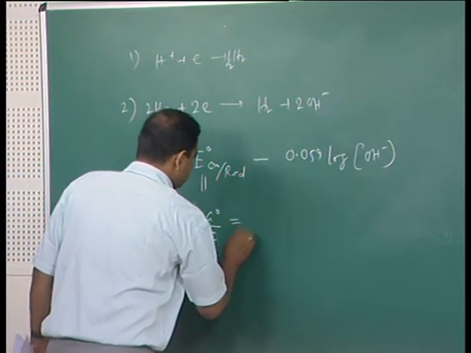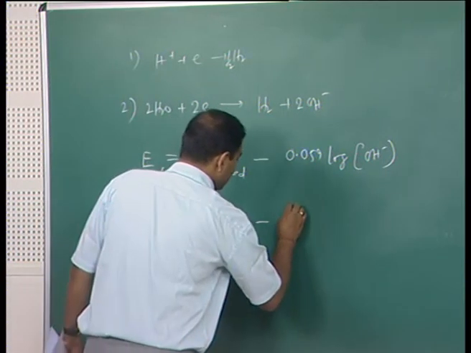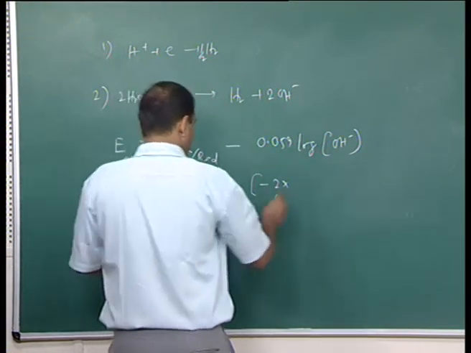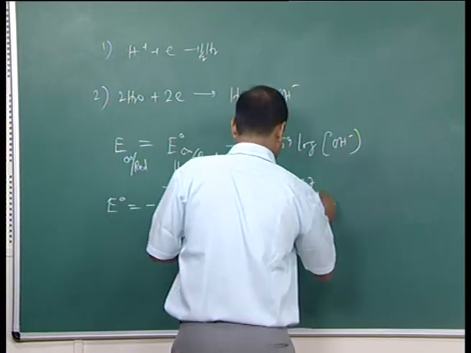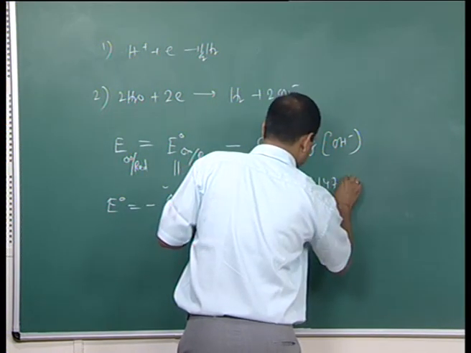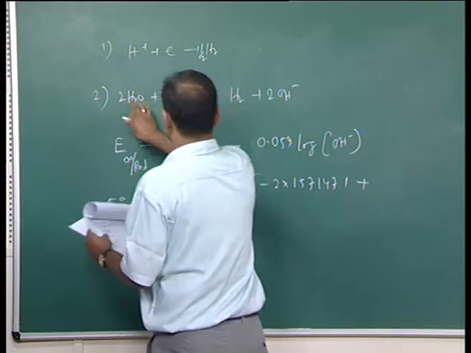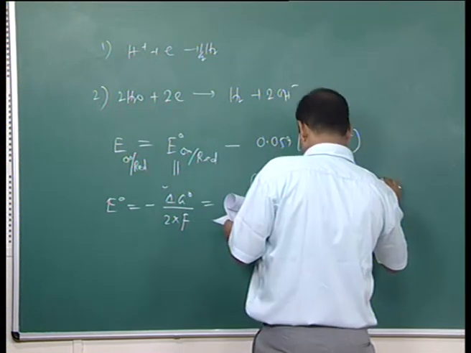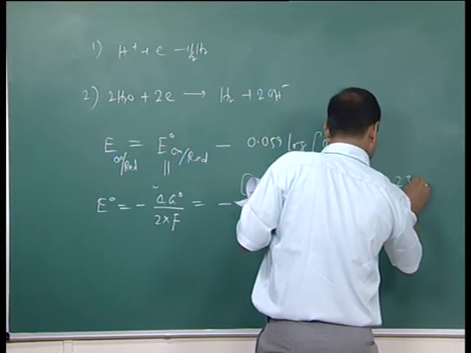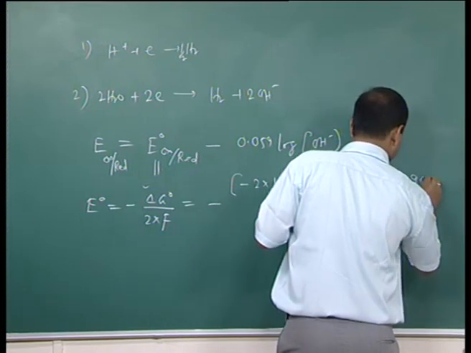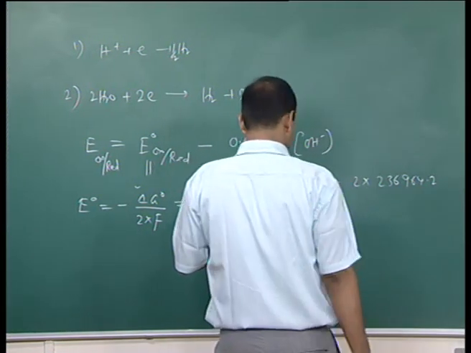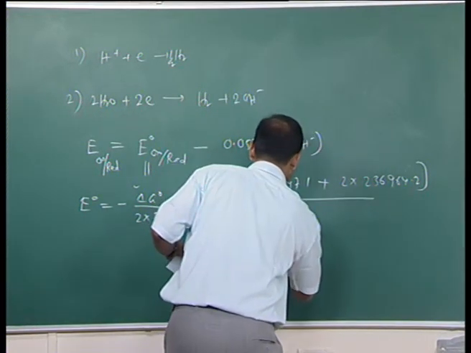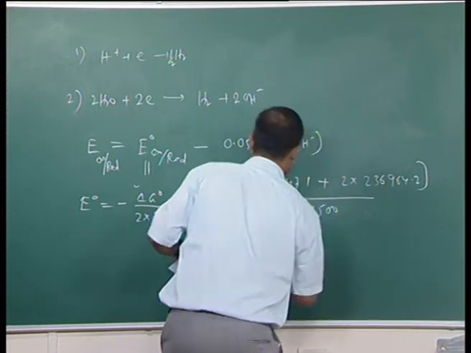Now this del G0 we can also find out: minus 2 of 147.1, now plus, because this would come in the form of reactant, so 2 into 236,964.2, divided by 2 into 96500.